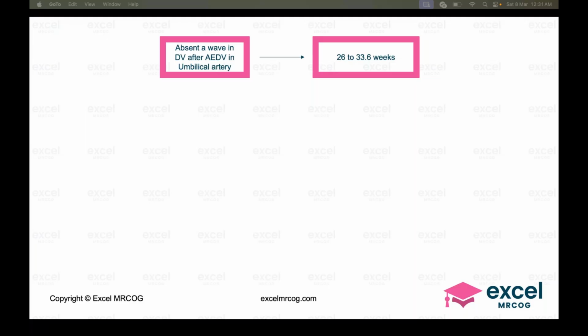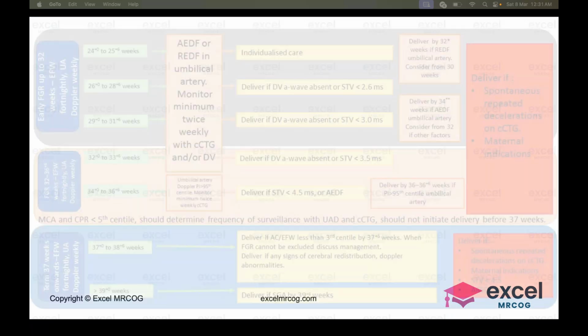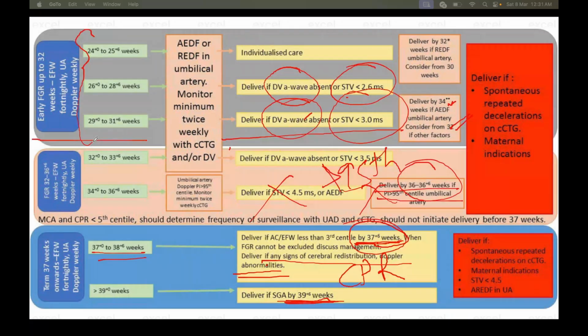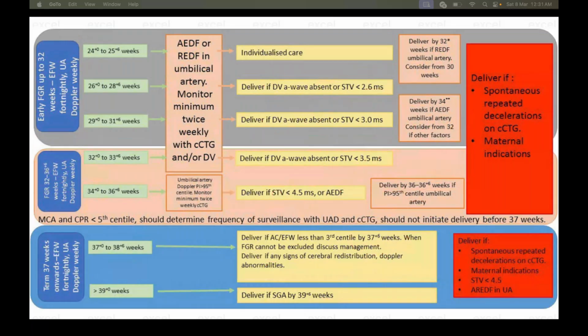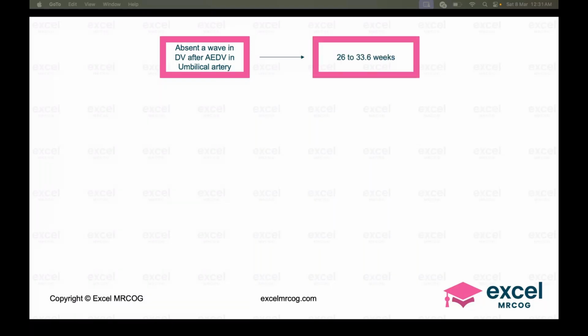This is the range, right? Let's see again. This is the range. If you find that abnormality between 26 to 33 weeks, 6 days, you have to deliver no matter what.